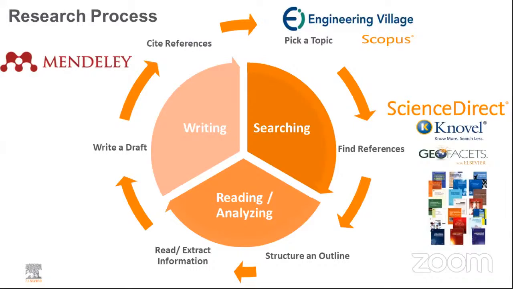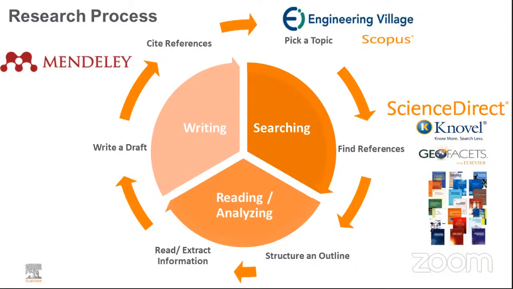If you're an engineer, or if you need a more specialized tool, you have the Engineering Village platform, which is dedicated for engineers. And as we said, we'll talk about Engineering Village in detail in tomorrow's webinar.